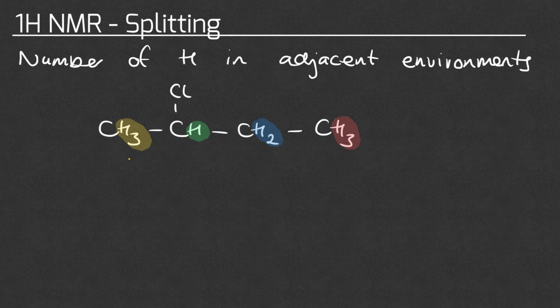On the carbons next to the green environment, there are 3 hydrogens to the left, 2 hydrogens to the right, for a total of 5 adjacent hydrogens. The blue environment has got 4 adjacent hydrogens. It's got 3 to the right and 1 to the left. And the red environment has just got 2 adjacent hydrogens, because on the carbon next to the carbon in the environment, there are 2 attached.